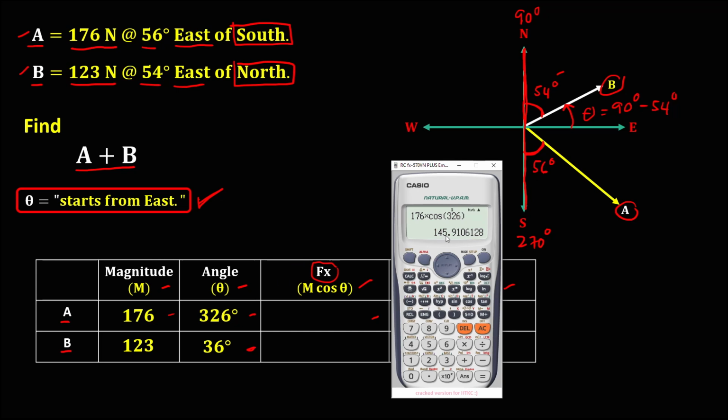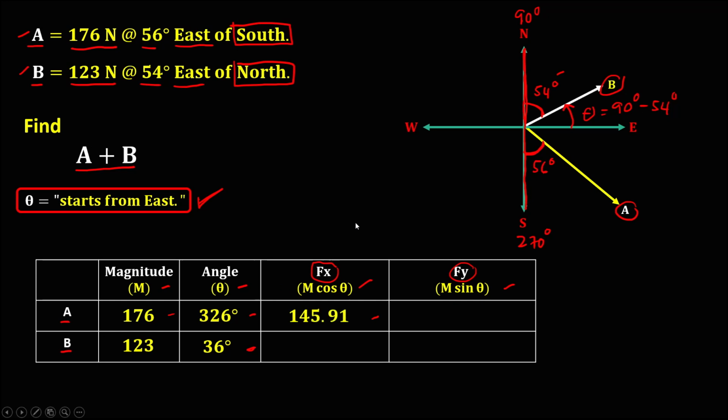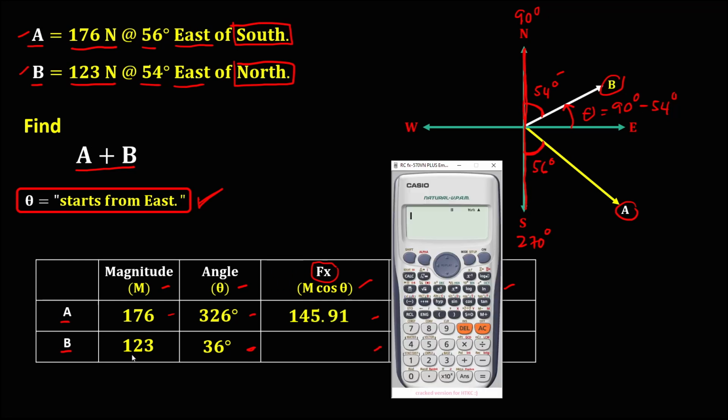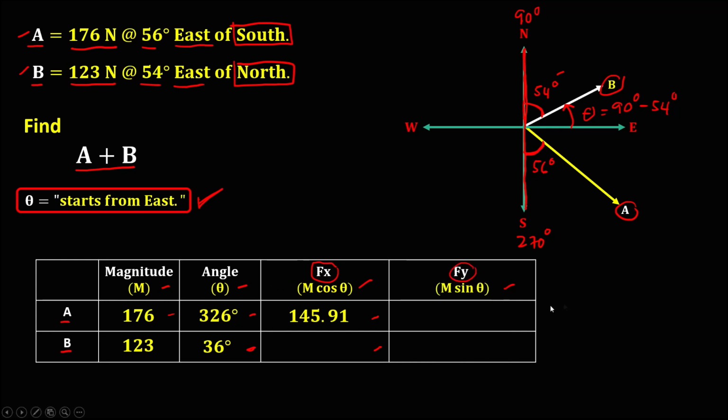So we have 145.91. Then for vector B, the x component, we have the magnitude 123 times cosine of the angle 36 degrees. So we have 99.51.